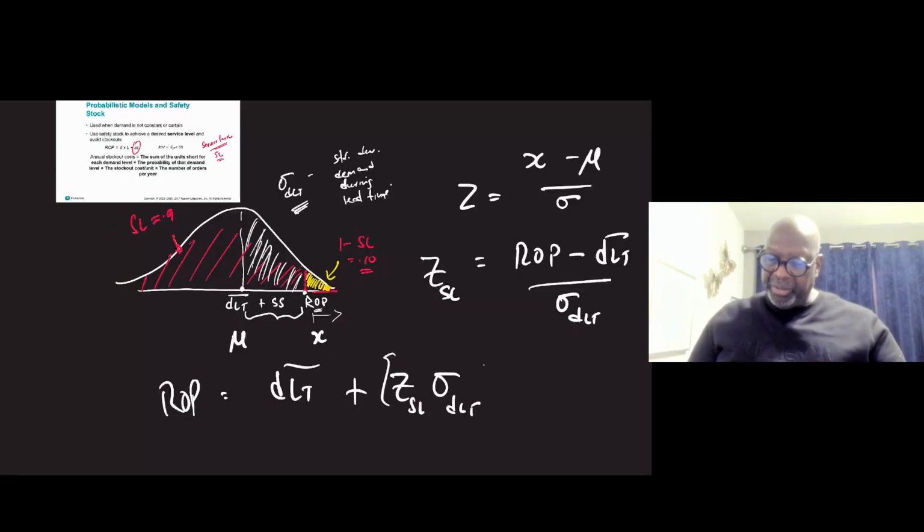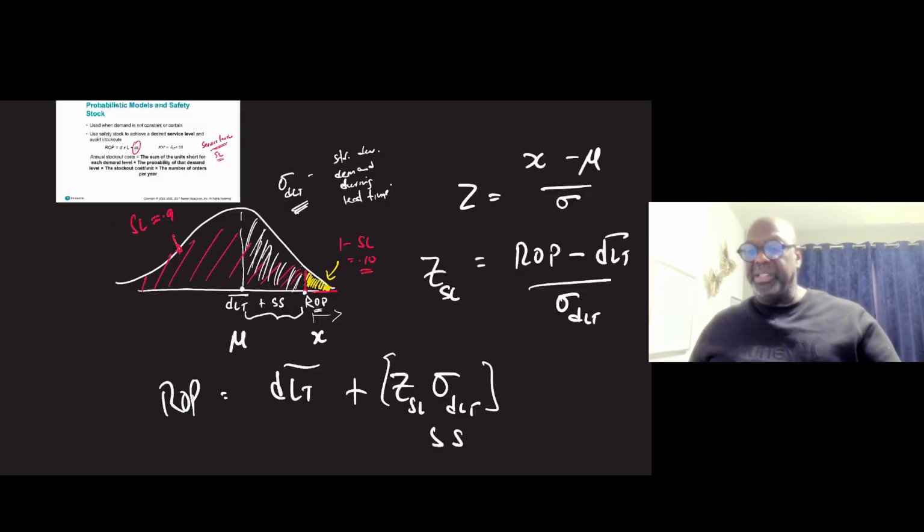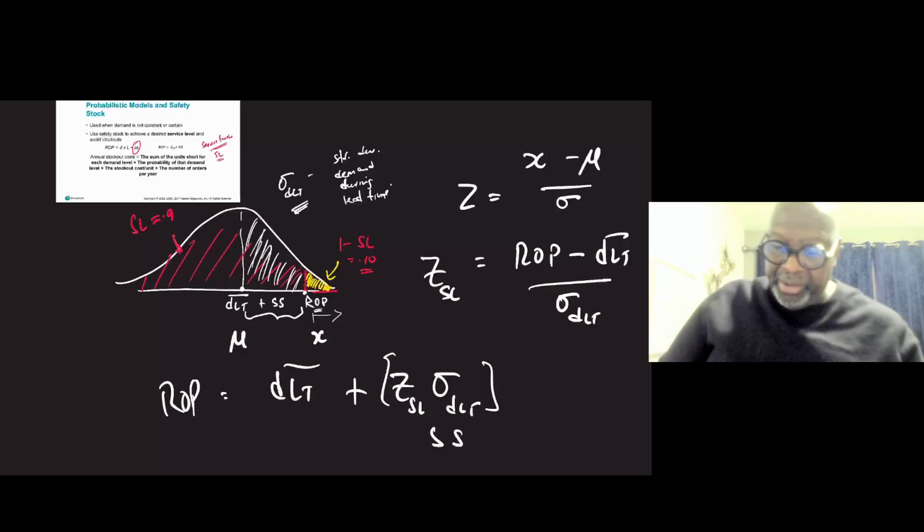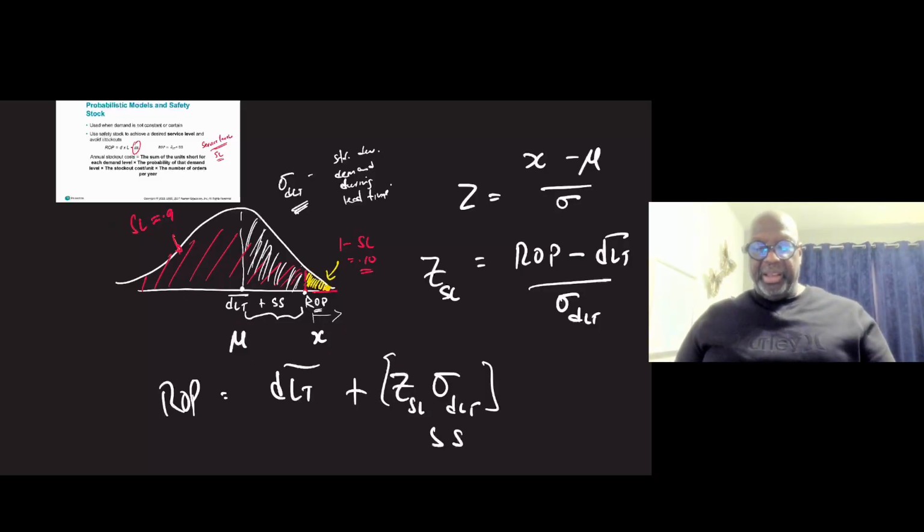So that piece right here is our safety stock. If there's no variation in the demand during the lead time, then the safety stock is zero. If there's variation, then it's not zero.